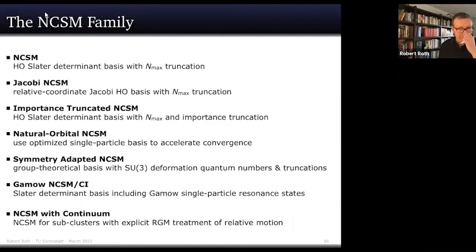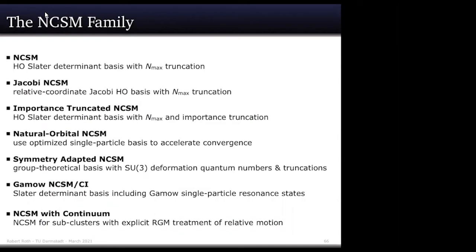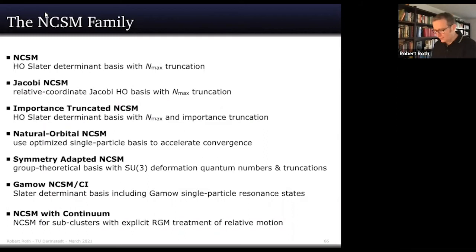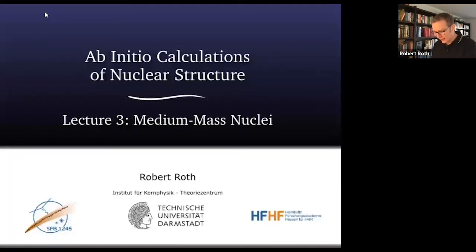Okay, great. So is there anything else? Okay, if not, then we ask ourselves, can we do better than that? And better means, can we expand the reach of these ab initio methods still further? So we are at mass 25, 26, that's pretty good, but can we go further?